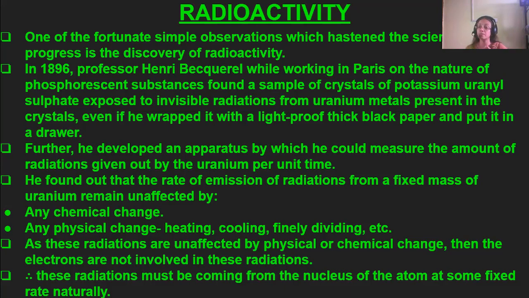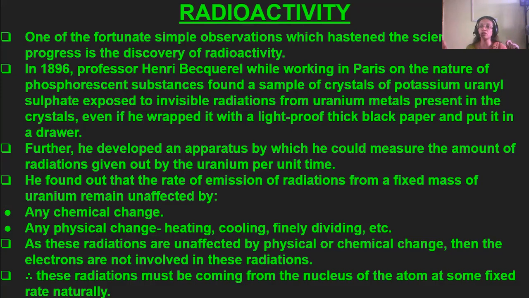As these radiations are unaffected by physical and chemical changes, that means electrons are not involved in these radiations. Therefore, he deduced that these radiations must be coming out from the nucleus of the atom at some fixed rate, naturally.